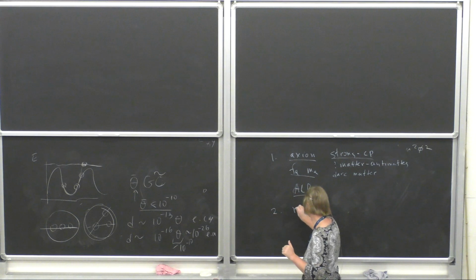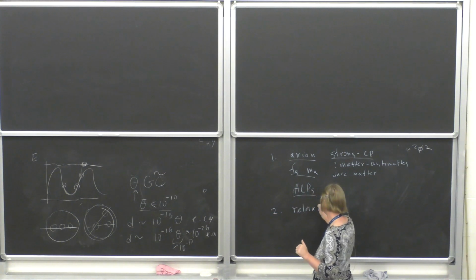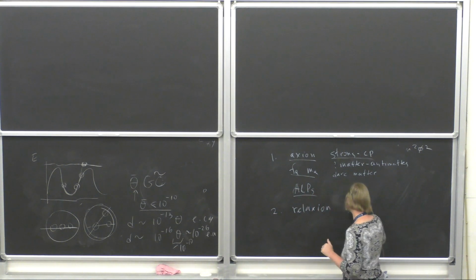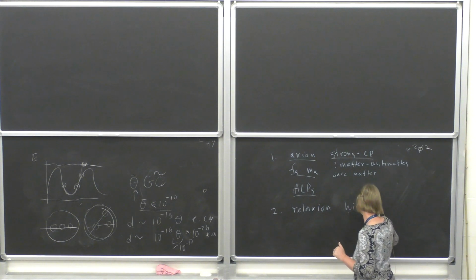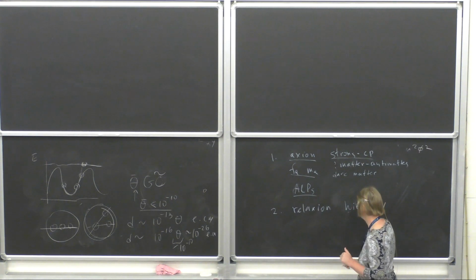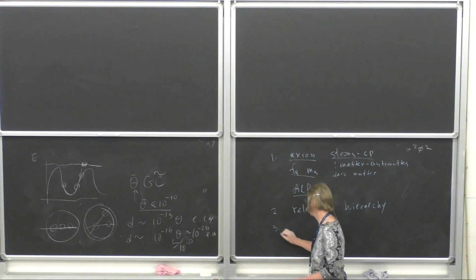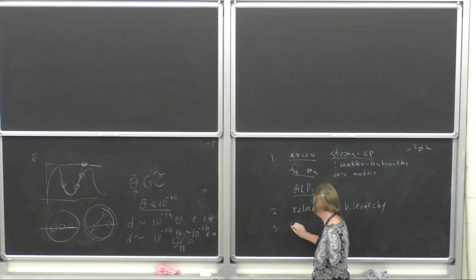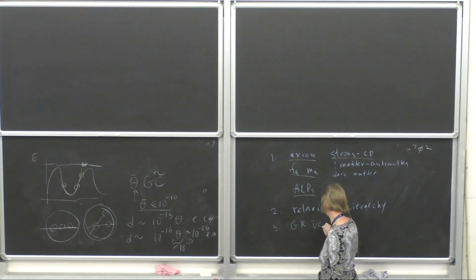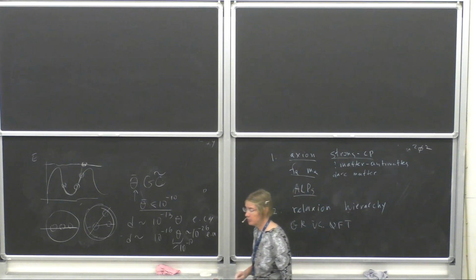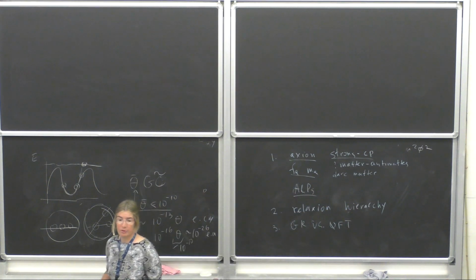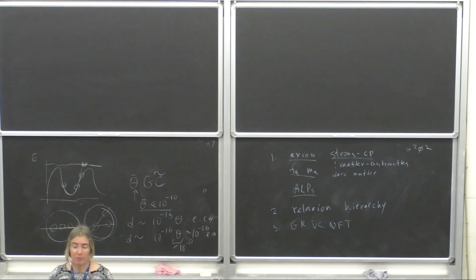For the second one, relaxion, that's the hierarchy problem. And the third one is all of GR versus QFT. Trying to make any connection between general relativity and quantum field theory automatically ends up with extra dimensions, which pretty much automatically provides you ultralight particles.